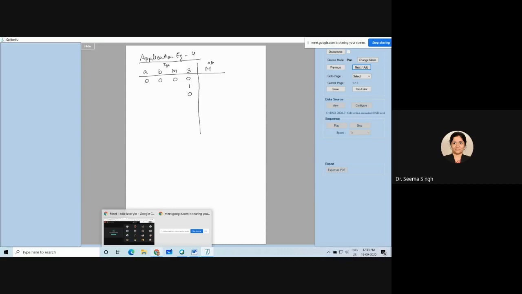Ayush is there? Yes, ma'am. Ayush, how many conditions will be there in this truth table, if you have 4 input variables? How many conditions will be there for taking care of all the cases in the 4 variables?